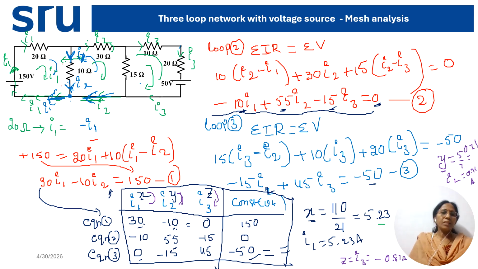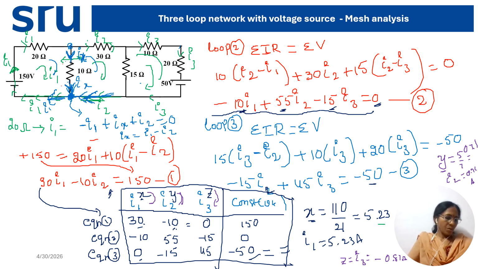Then Ix plus Ix, because this is entering the node, and this I2 is also entering the node, means plus I2. So three branches are connected together. The algebraic sum of currents equals 0 according to KCL, and from this I can write Ix equals I1 minus I2. Whether you apply it here or here, you will get the same answer. So Ix is I1 minus I2.